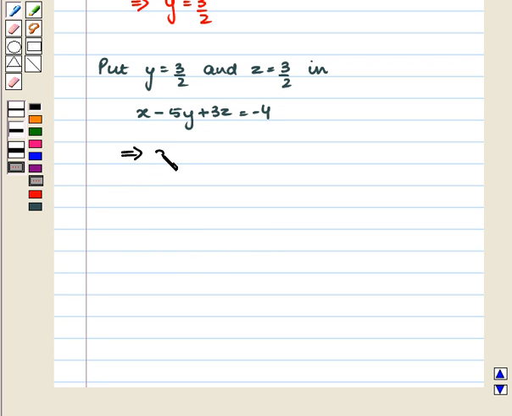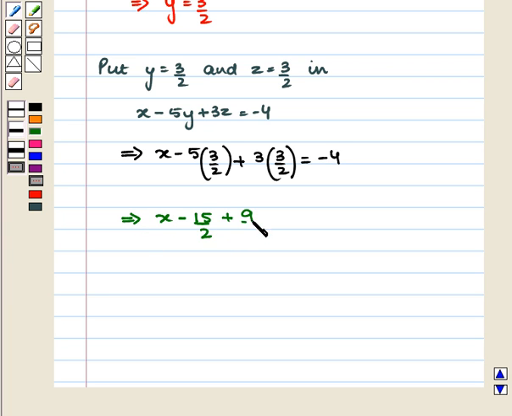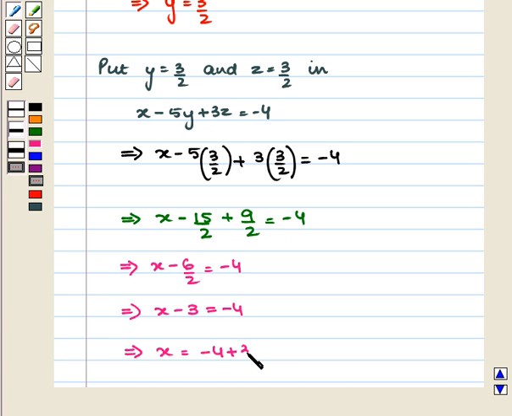We get x minus 5 into 3 by 2 plus 3 into 3 by 2 is equal to minus 4, which implies x minus 15 by 2 plus 9 by 2 is equal to minus 4, which implies x minus 6 by 2 is equal to minus 4, which implies x minus 3 is equal to minus 4, that is x is equal to minus 4 plus 3, which is equal to minus 1.